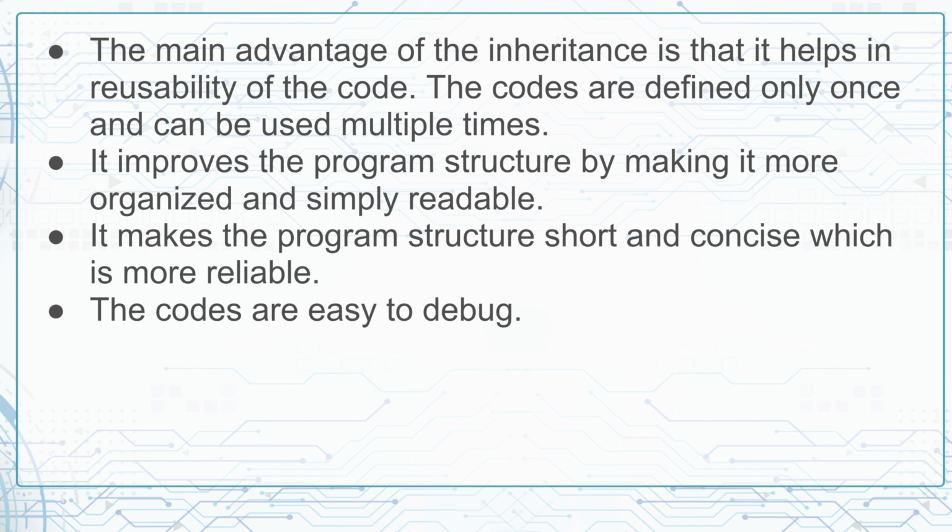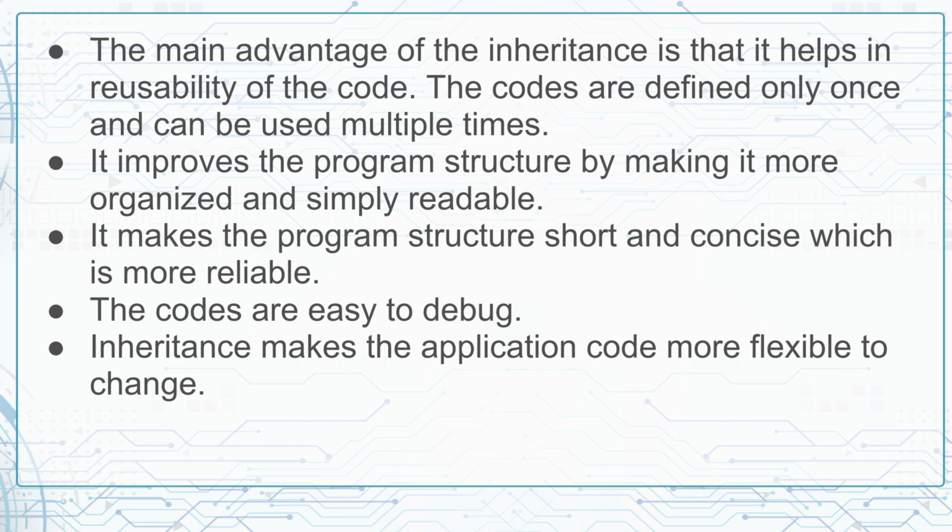The code is easy to debug. It's the same: if you have a small class which serves a purpose, you can directly debug it without any problems, because there's not a lot of dependency on it. You can find exactly where the code is failing. Inheritance makes the application code more flexible to change.